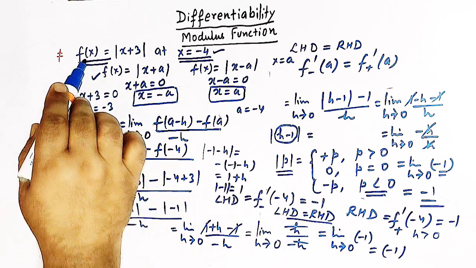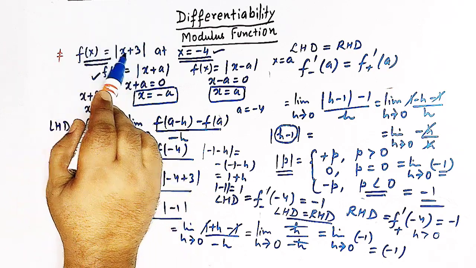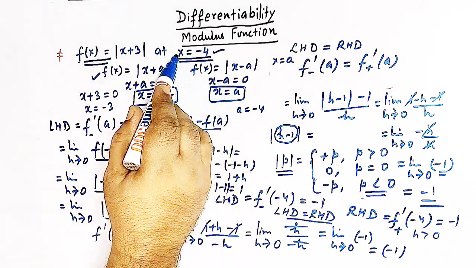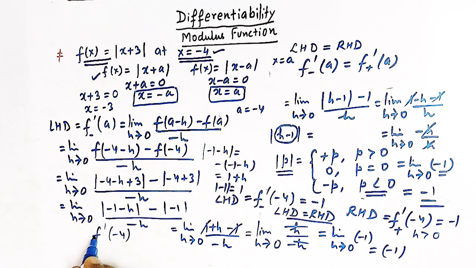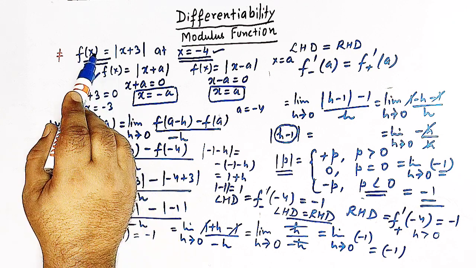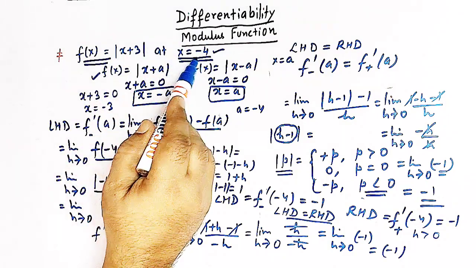Hence the derivative of this function, that is f prime of minus 4, exists. It means this function is differentiable at this point, x is equal to a, that is x is equal to minus 4, and f prime of minus 4 is given by the common value, that is the left hand derivative is minus 1, the right hand derivative is minus 1. So here we have minus 1. So we can say that this mod function mod of x plus 3 is differentiable at x is equal to minus 4.